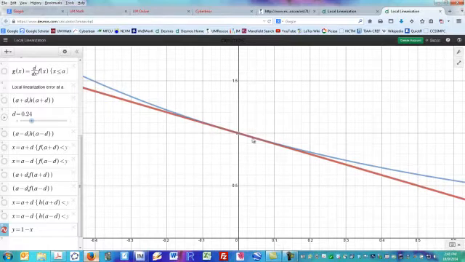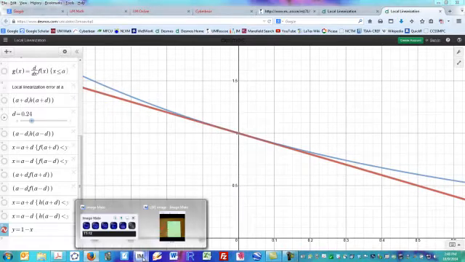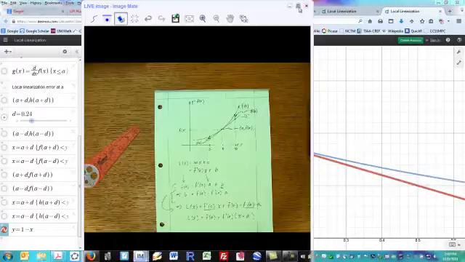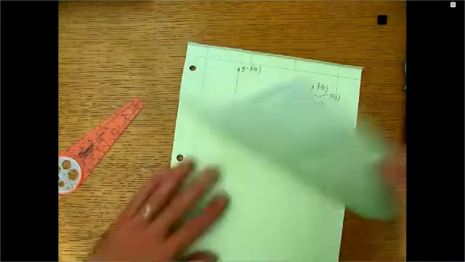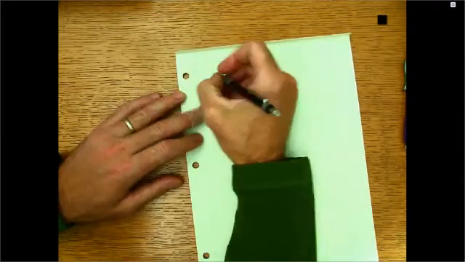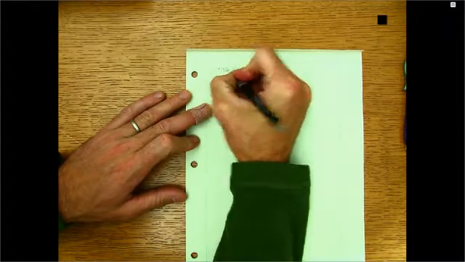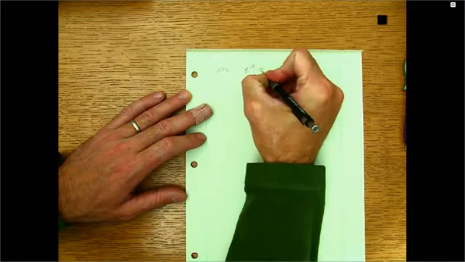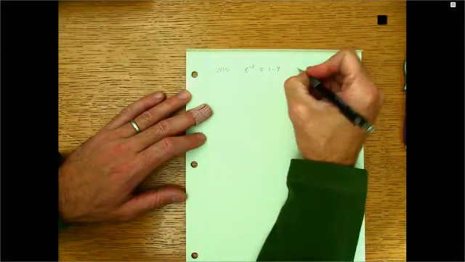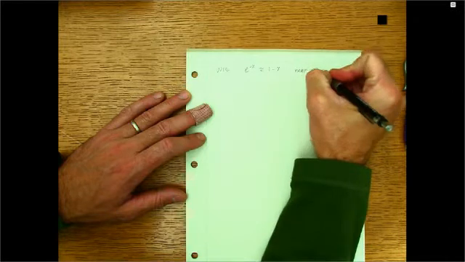But let's first show that this is indeed the local linearization using the definition. So let's go ahead there first, and then we'll do the error analysis second. So off we go. Okay, so what we want is to show that e to the negative x is approximately equal to 1 minus x near x equals 0.